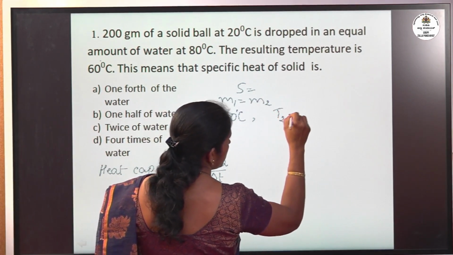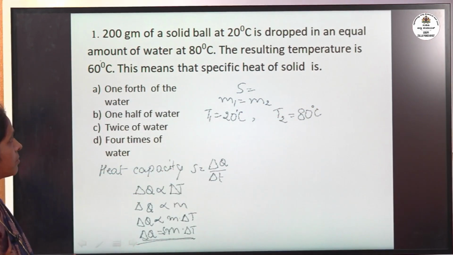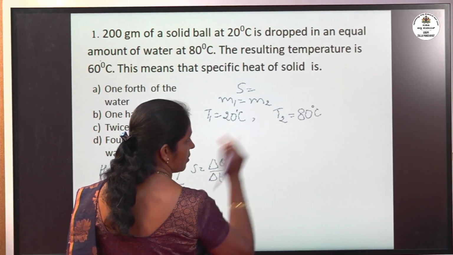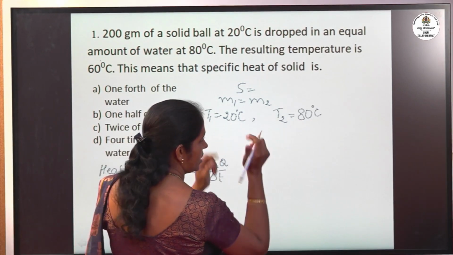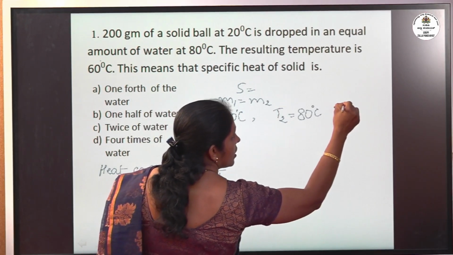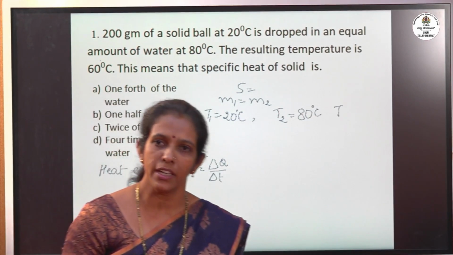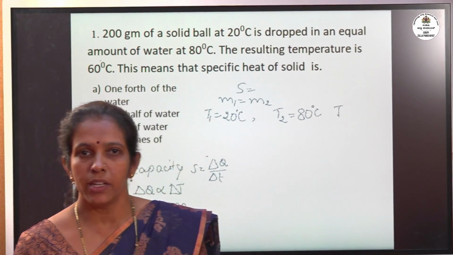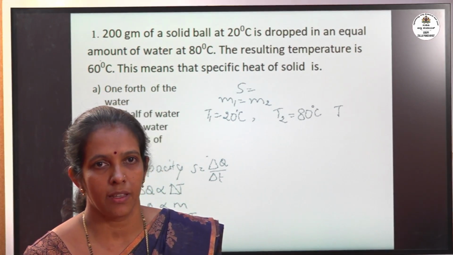Let T2 be temperature of water, T1 be temperature of the solid. The resulting temperature, when two substances at two different temperatures are mixed together, hot body loses the heat energy and cold body gains the heat energy. Until thermal equilibrium is reached, heat transfer takes place.